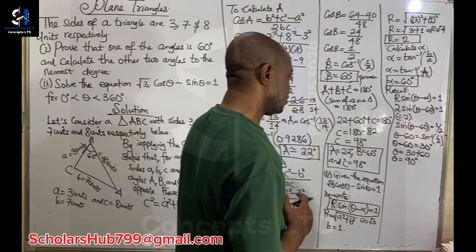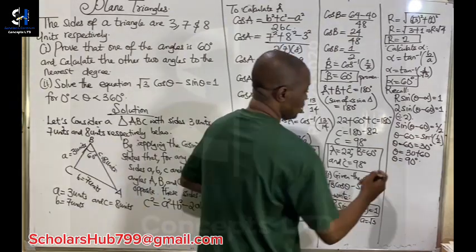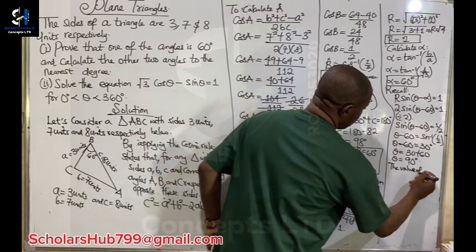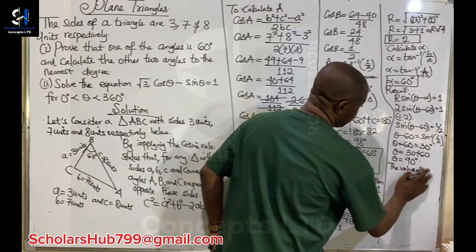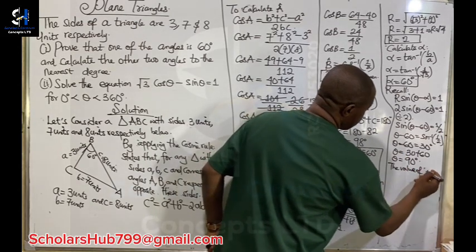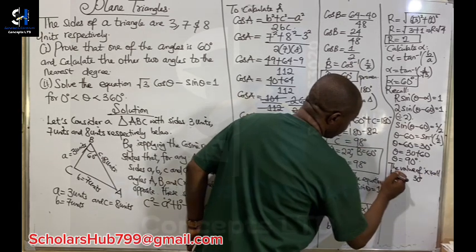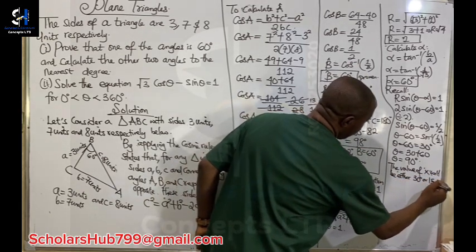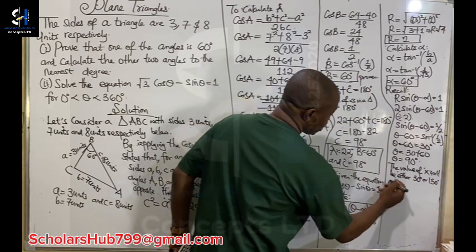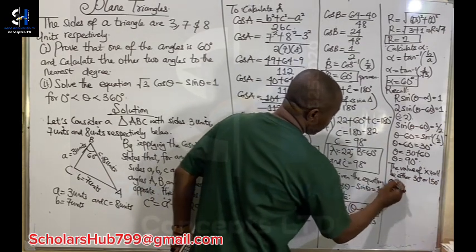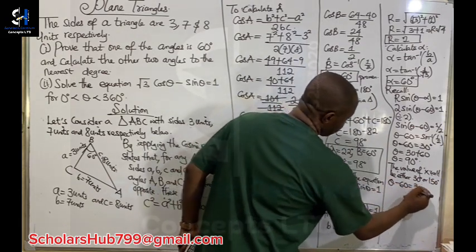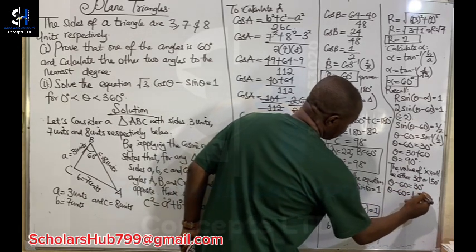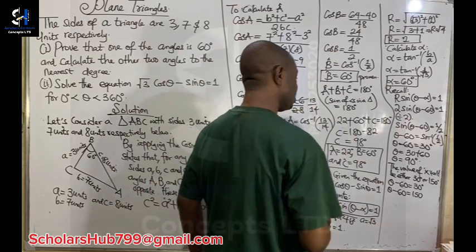If you represent the sine value as x, it will be either 30 degrees or 150 degrees. Which means theta minus 60 equals 30, and also theta minus 60 equals 150 degrees.